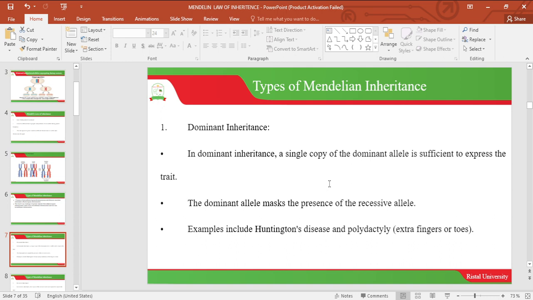It could be the skin color, the hair color, the blood group, and so on. So the dominant allele masks the presence of the recessive allele. Do not forget, allele means a variant of a gene. Examples of dominant alleles include Huntington's disease and polydactyly, that is, extra fingers or toes.